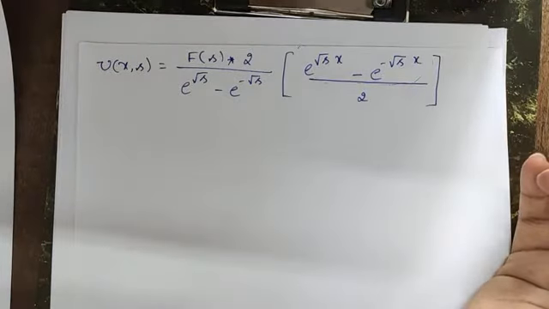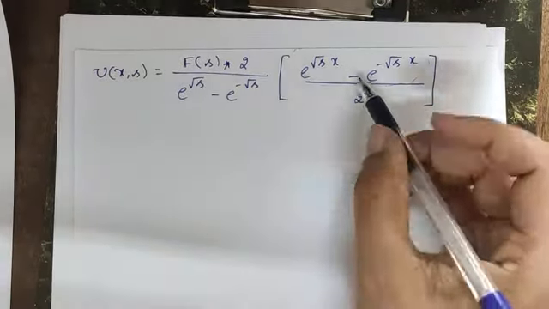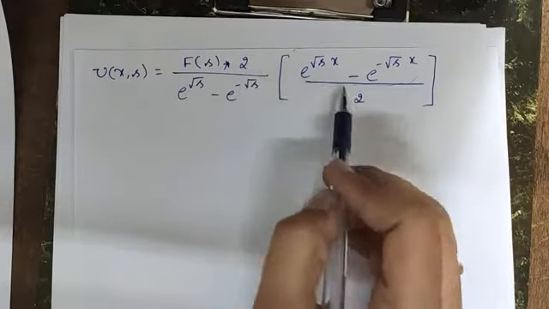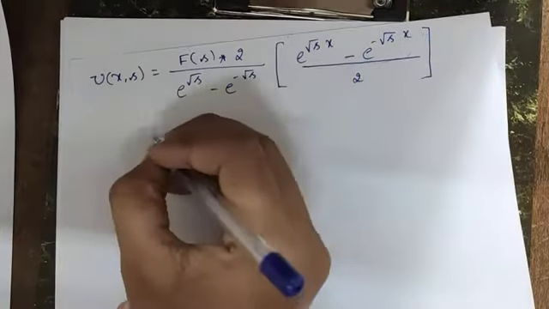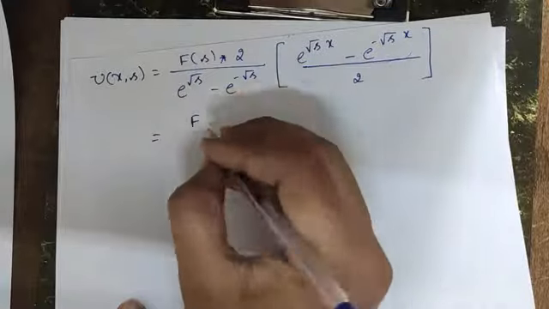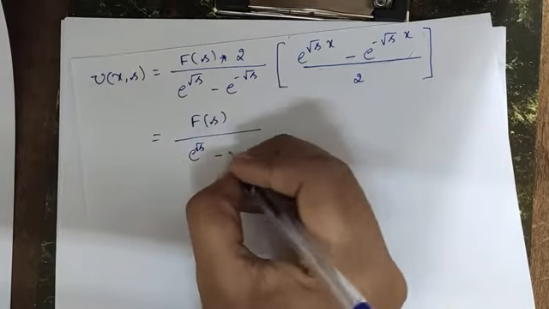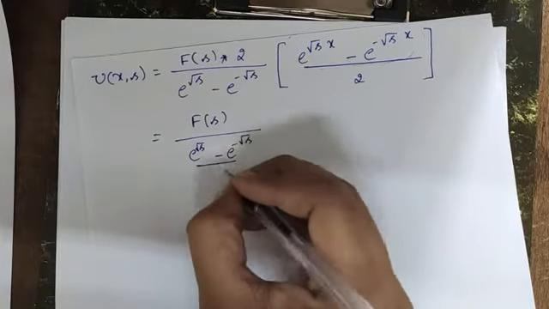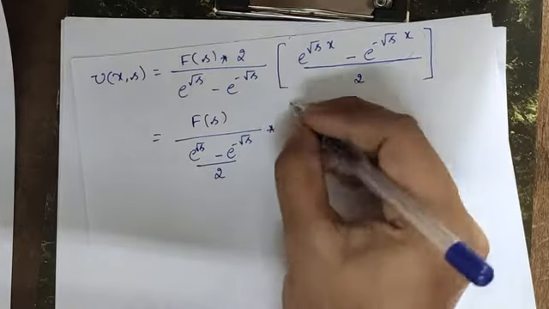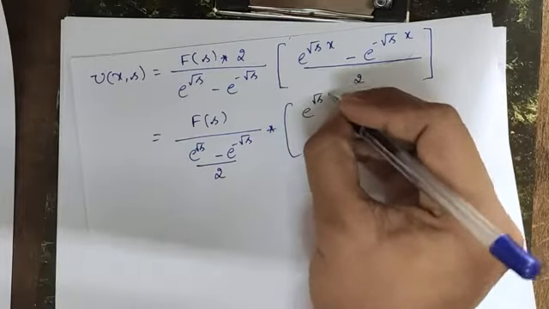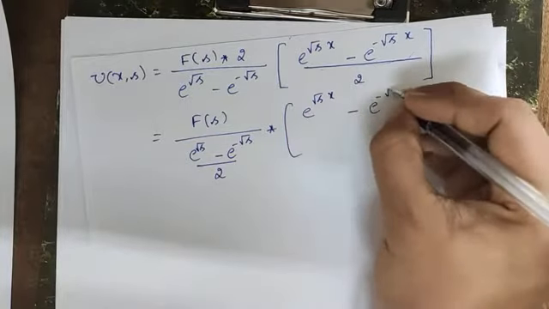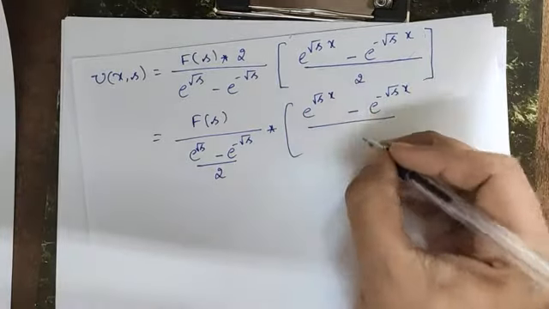For further simplification, I have multiplied and divided by 2. So I can write this term as F(s) by e^(root s) minus e^(minus root s) whole divided by 2, into e^(root s x) minus e^(minus root s x) divided by 2.